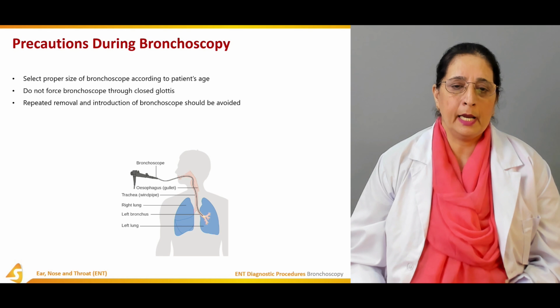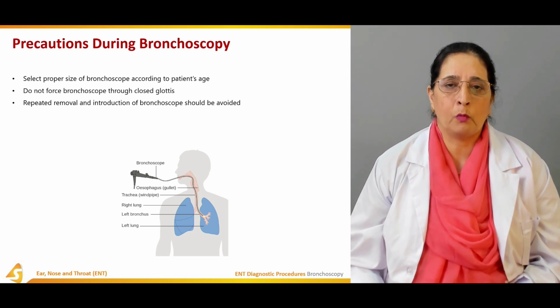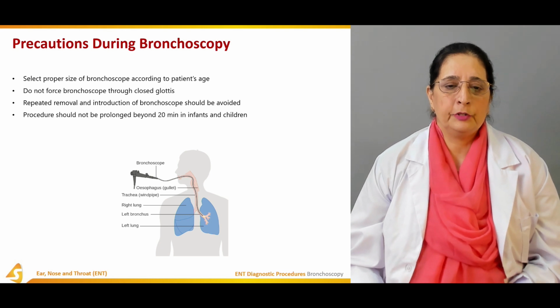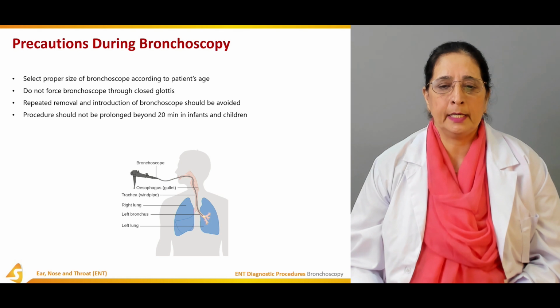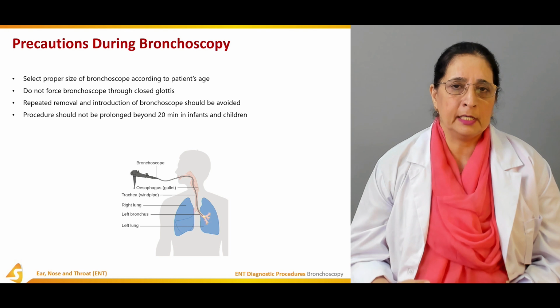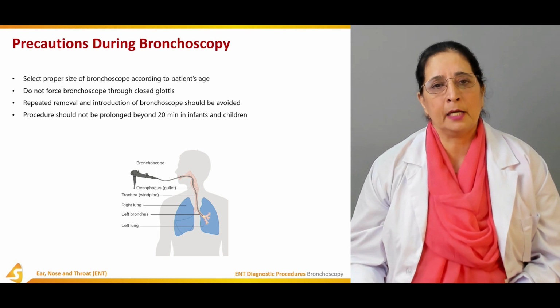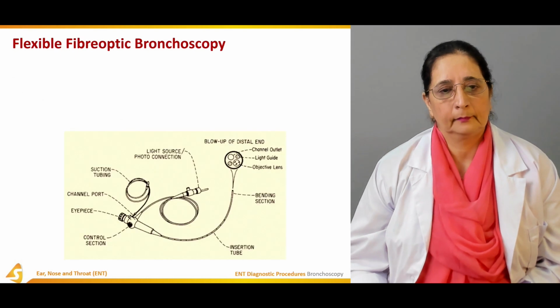Repeated removal and introduction of bronchoscope should be avoided. Procedure should not be prolonged beyond 20 minutes in infants and children. So it's a rapid procedure done within 20 minutes, should not extend more than 20 minutes in infants and children.